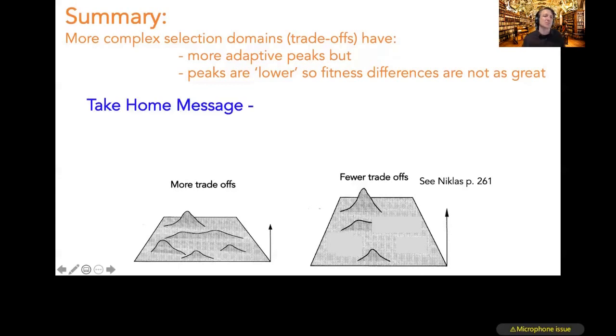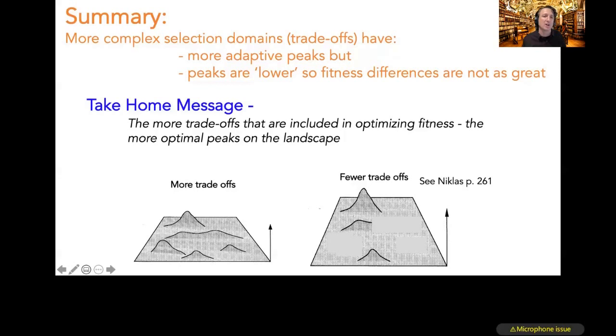So the take home message: the more trade-offs that are included in terms of optimizing your fitness, that natural selection is grappling with, the more optimal peaks there are in the landscape. So remember, there are all these different trade-offs: growth versus longevity, growth versus reproduction, right? Trade-offs with growth and allocation to secondary defense. We have a lot of different trade-offs.